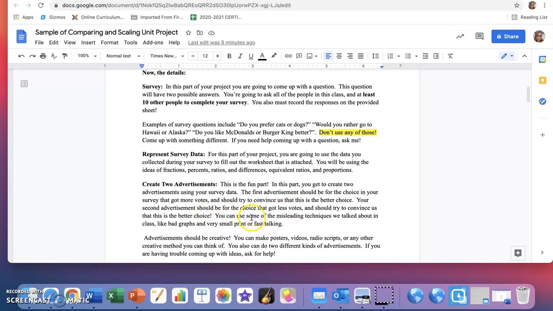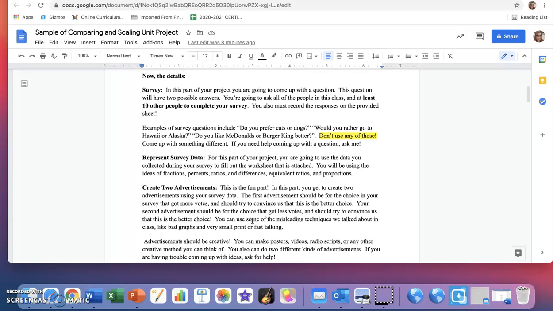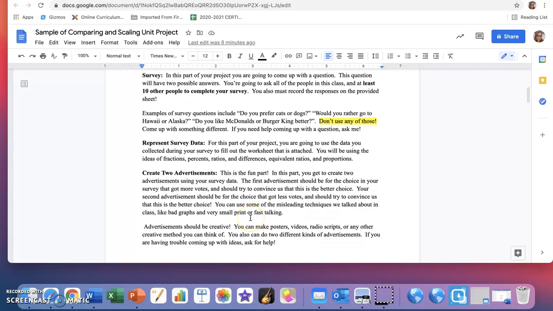And yes, you can use some misleading techniques that we have talked about and will talk about in the class. For example, bad graphs. For example, very small print or fast talking. All of this will be to convince that audience to choose the one that got the less votes. Now, careful. Advertisements should be creative.